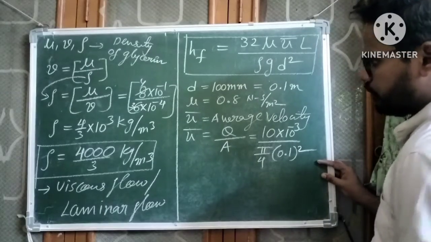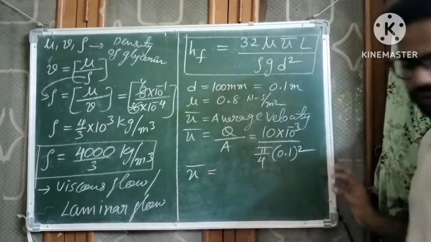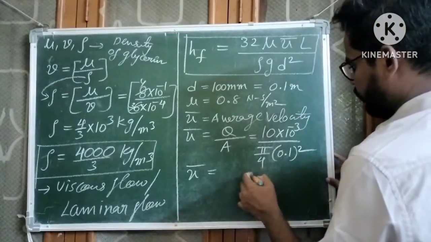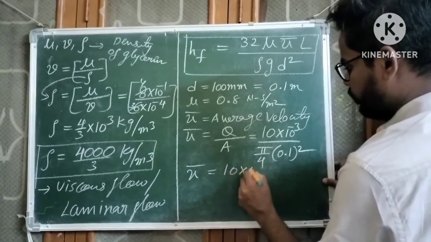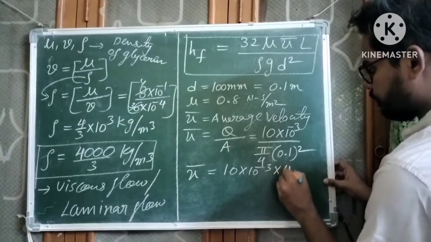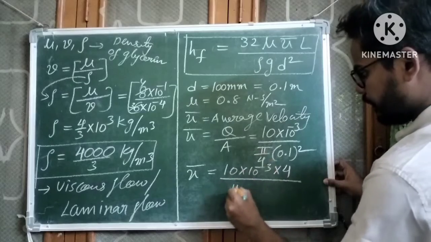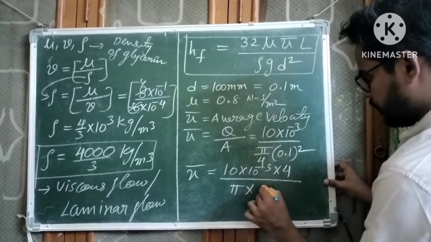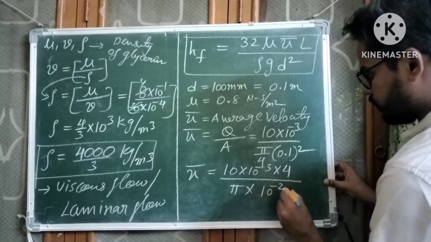Anyhow, u bar, if you simplify this, you will get 10 into 10 to the power of minus 3 divided by pi by 4, because reciprocal of pi by 4 is 4 by pi, into 0.1 whole square, which can be written as 10 to the power of minus 2.